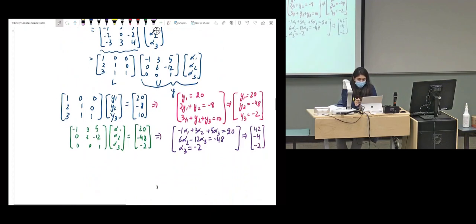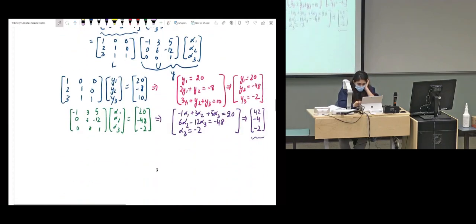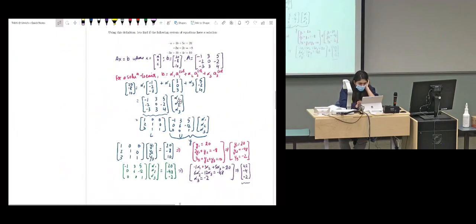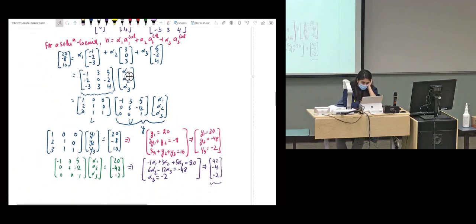In fact, I think we actually found the solution. If you try and put it in these equations, hopefully it should fit. Let me try and do that. So, there's some calculation error, but that's what it should be.